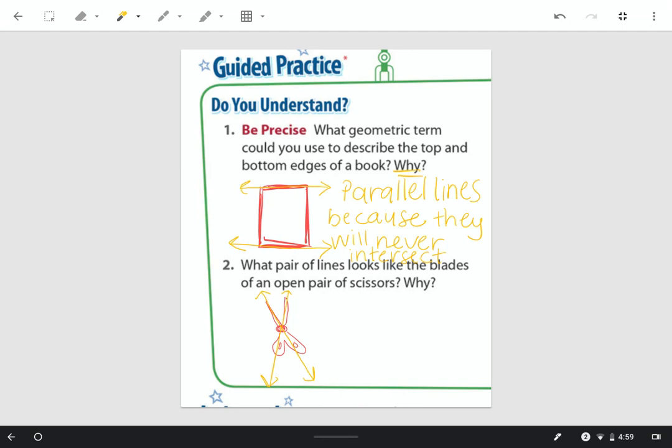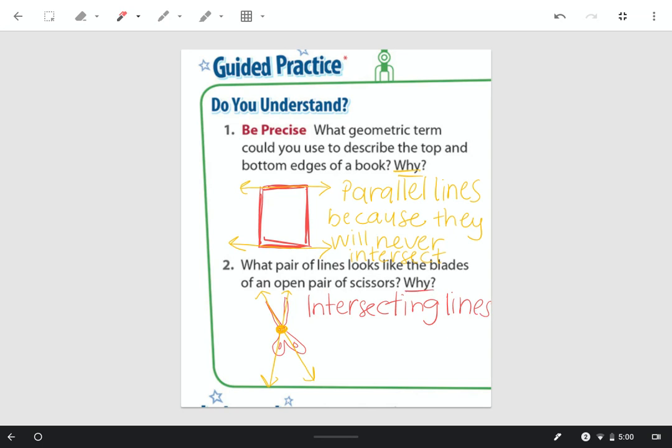Well, if my scissors are open, my blades are going to be apart, and when I draw those lines right here, they meet. So what type of lines intersect at one point? Well, those are intersecting lines. Intersecting lines.